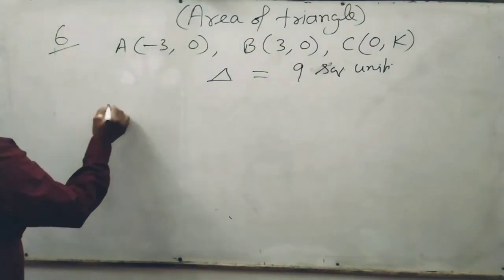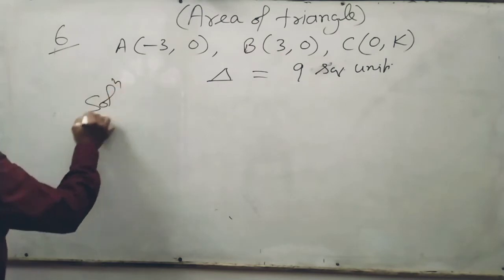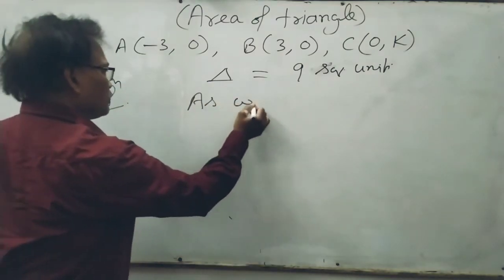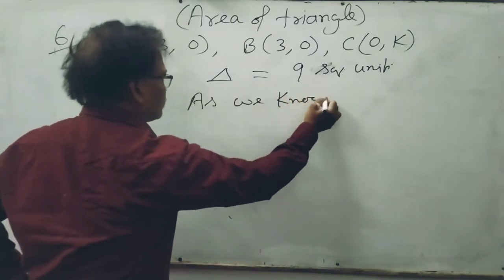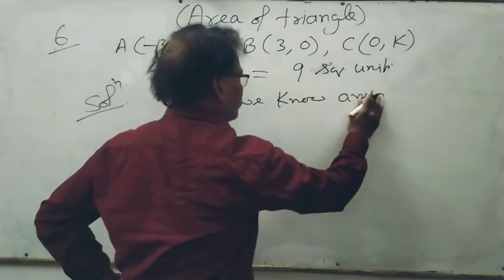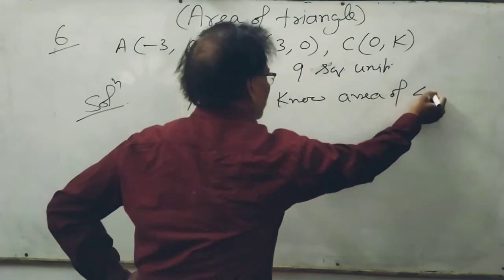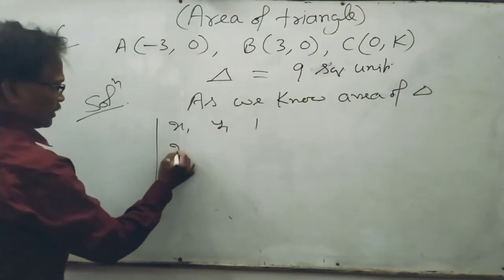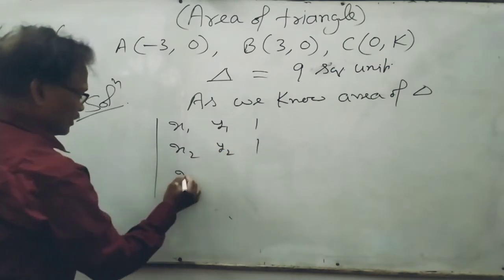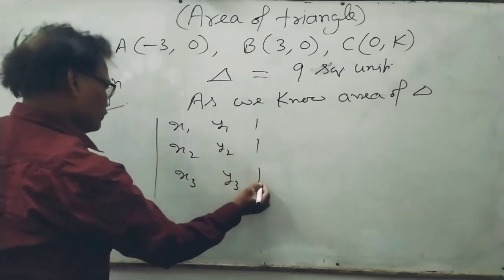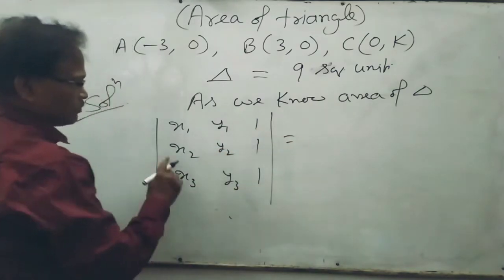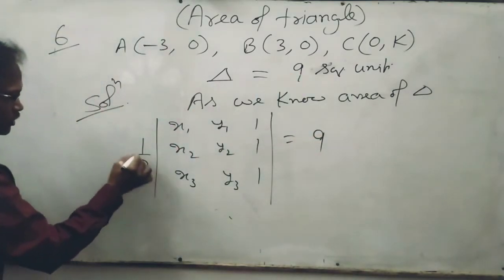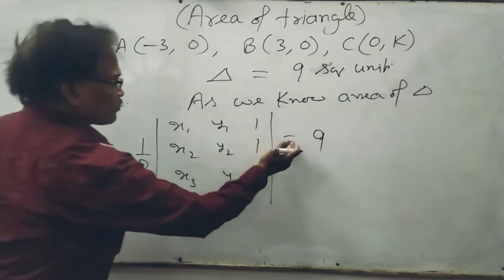So in that case, as we know, the area of the triangle with vertices (x1, y1), (x2, y2), (x3, y3) is 1/2 times the determinant, and this is equal to 9.